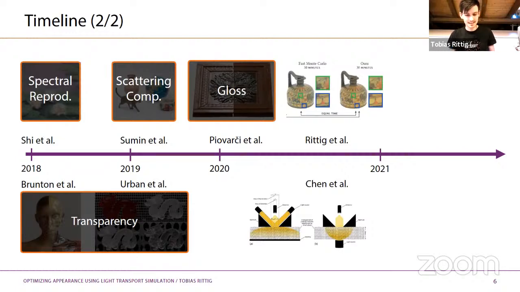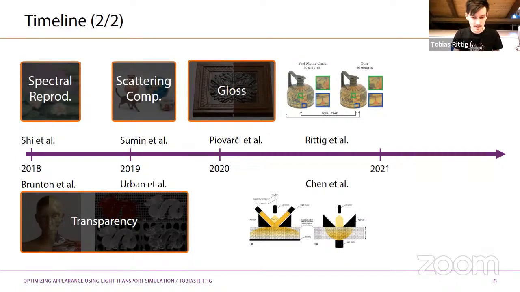And recently, just last year, 2021, we saw 2 methods using machine learning again, both doing a similar thing, in that they both try to predict what the color will be given a certain ink distribution in the volume.